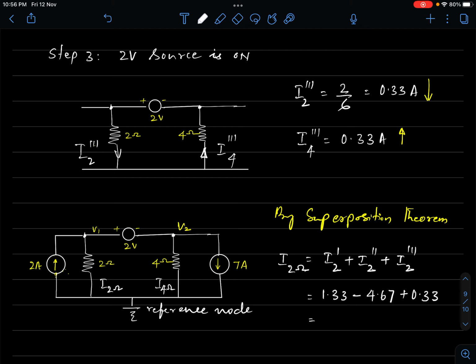0.33 has to be positive. So 1.33 plus 0.33 is 1.66. 1.66 minus 4.67.